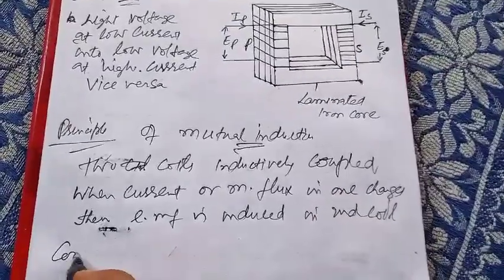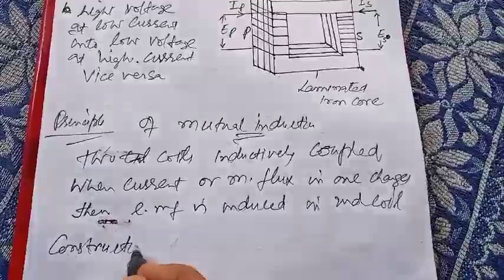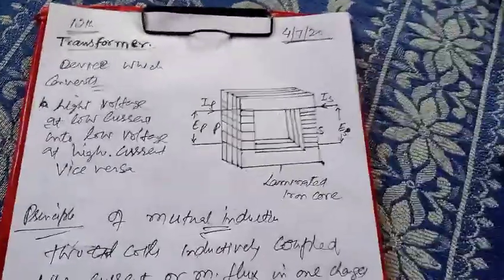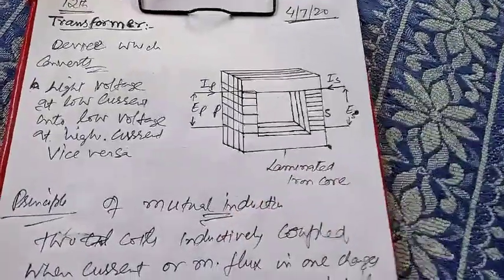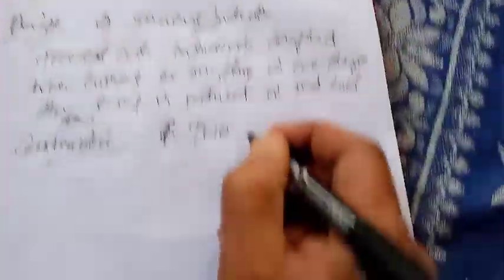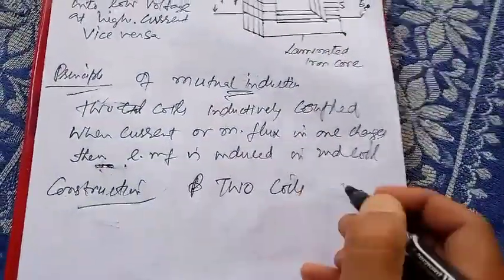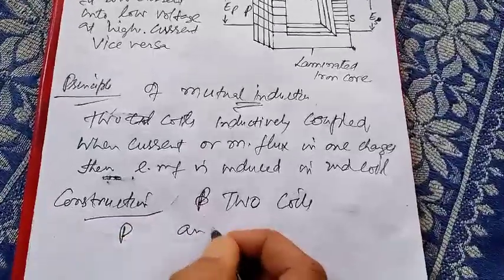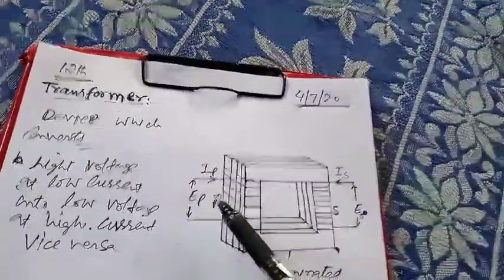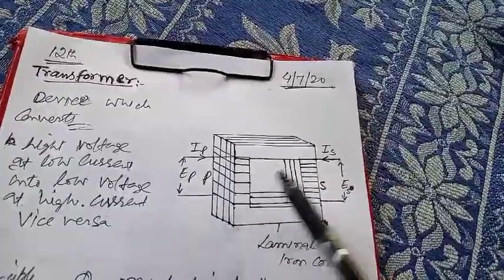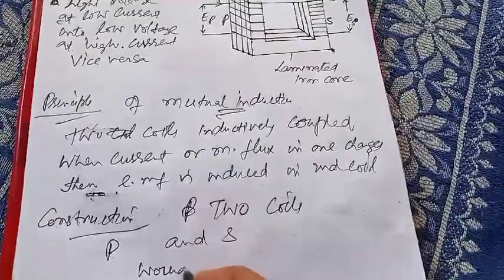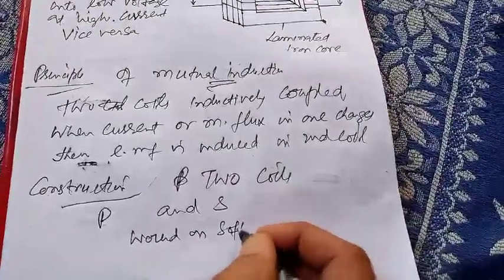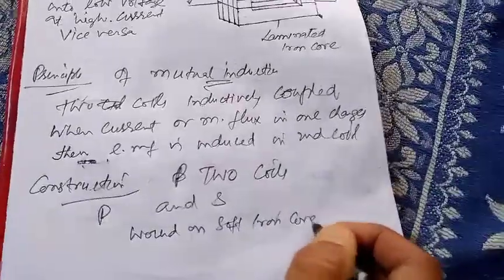Now we will see the construction. This transformer consists of two coils, P and S. They are wound on a soft iron core here.